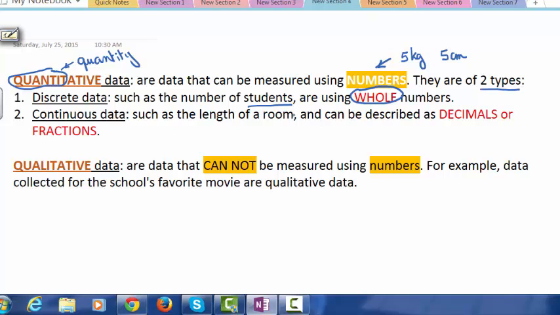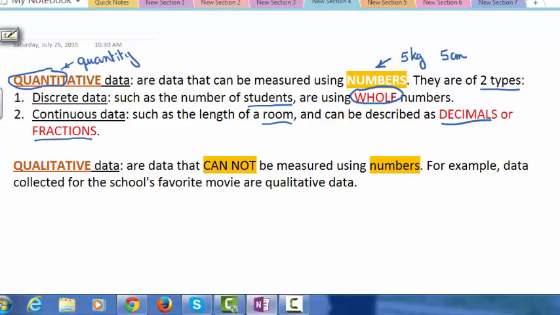What about decimals? We call it continuous data, such as the length of a room. The length of the room could be 14.2. Or let's say the mass of any object, it could be 5.2 kilogram. So this is continuous data and can be described as decimals or fractions.